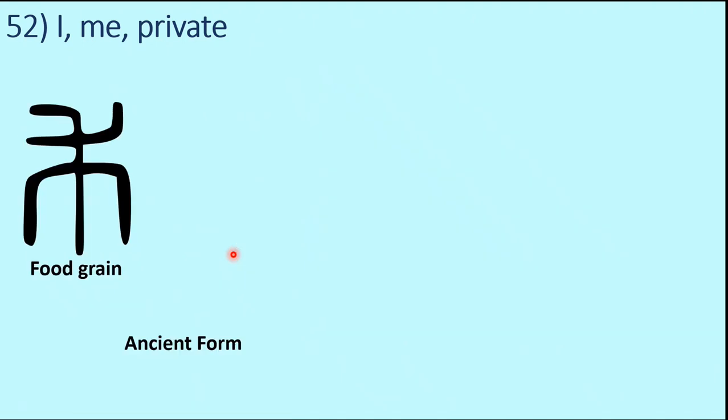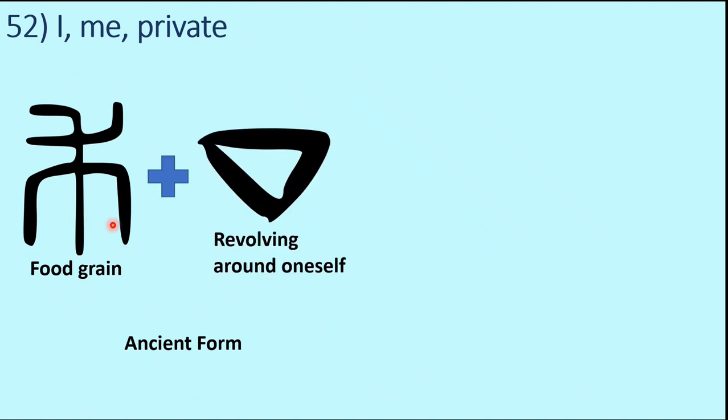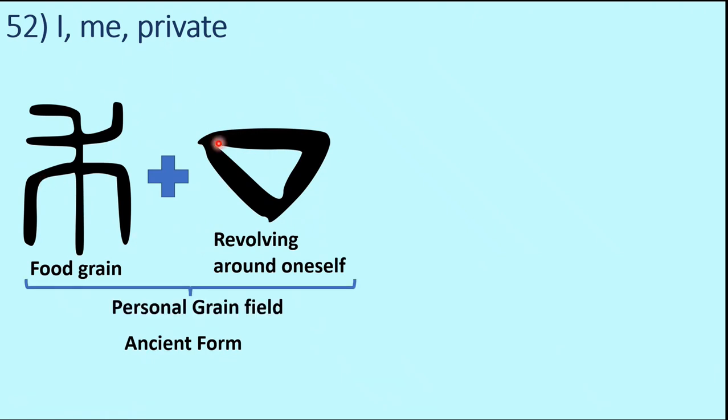And now, how has this watashi kanji been derived? So as you can see, this ancient picture represents a food grain crop. It represents a food grain plant or crop, and it is added to this character, which means revolving around oneself. Since this is circulating like this, it is something revolving around oneself. So what does the combination of these two characters mean? It means a personal grain field. So this is personal and this is the grain crop. So together it represents a personal grain field.